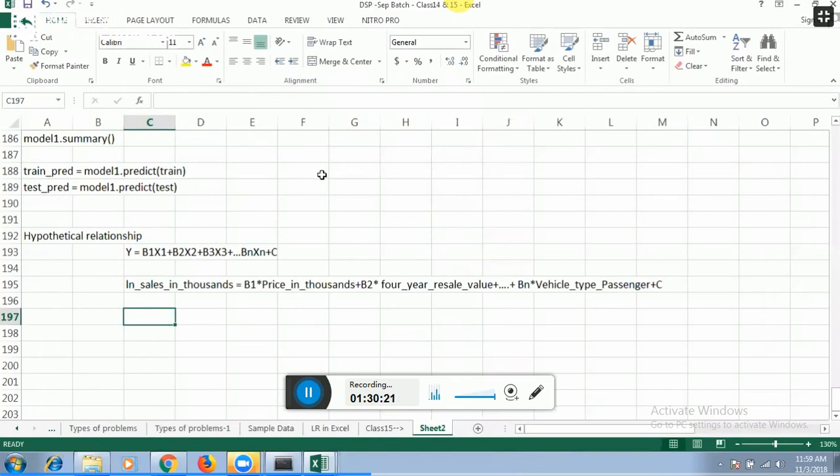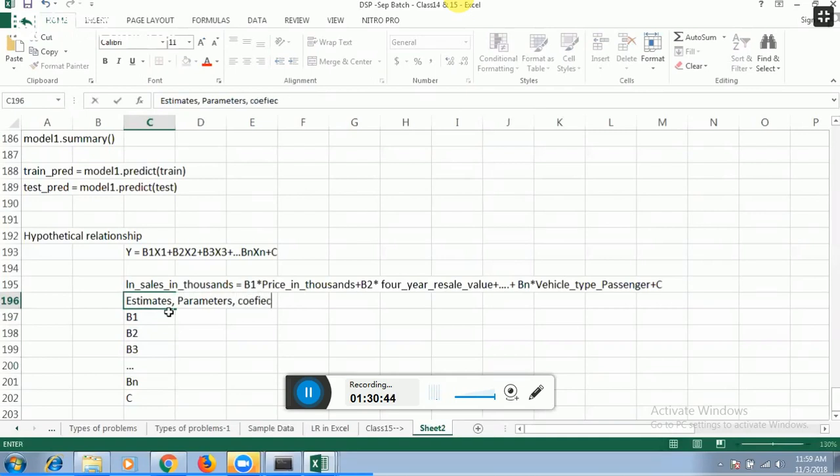Now what are your beta 1, beta 2? First of all, my model should give me beta 2, beta 3, beta 4, etc., beta n, and the constant. These things we call estimates, or parameters, or coefficients, or betas, or gradients.